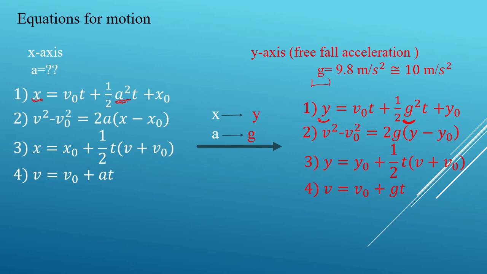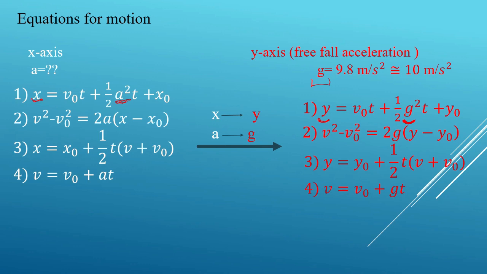So technically speaking, the equations you see on the left side and right side are similar, or I have to say they are the same. The only things that change are x changed to y, and a changed to g.